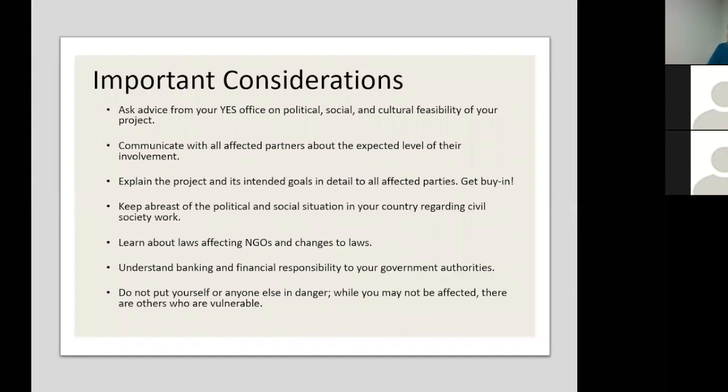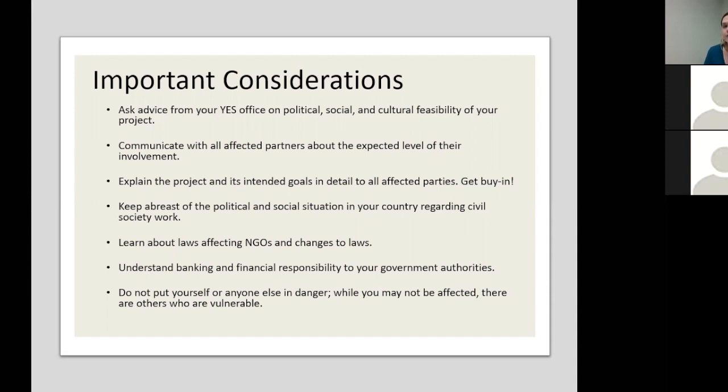A few other considerations: we do strongly recommend that you ask advice from your local YES office about the political, cultural, and social feasibility of your project. This goes back to being careful that you're being respectful of social norms in your area, and that you're not going to put participants in danger for taking part in your project.